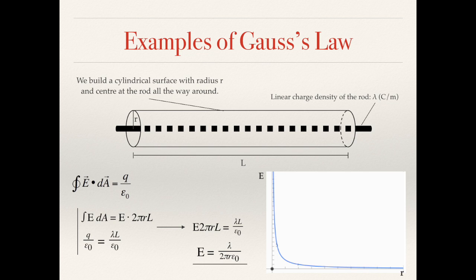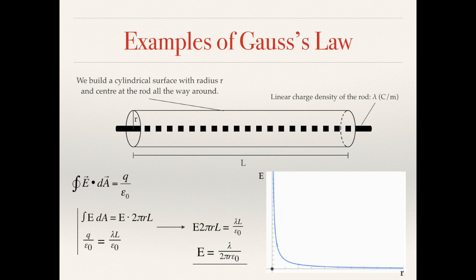Because the rod is infinitely long, the Gaussian surface we built, the cylinder, should also be infinitely long, and we assume that its length is L. For the left part of Gauss's equation, we find that the electric field is again constant all over the surface, so we can take it out of the integral sign and leave the integral of the area.